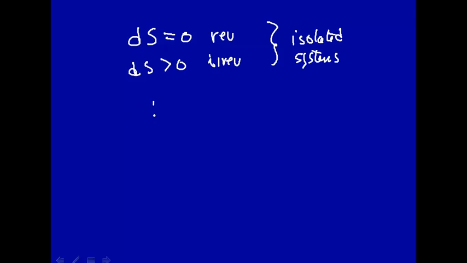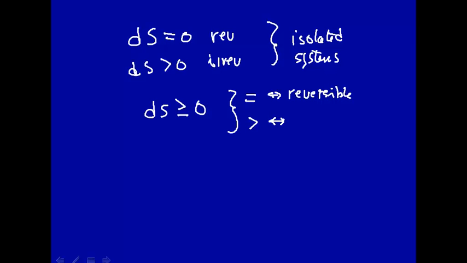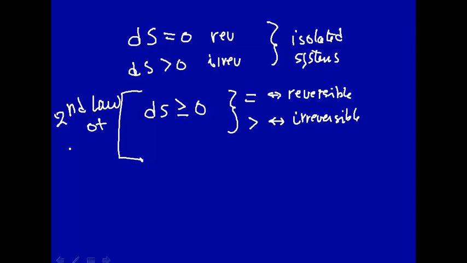One way to also say that is dS is greater than or equal to 0, where equal is associated with reversible processes and greater than is associated with irreversible processes. This is one statement of the second law of thermodynamics. Entropy of the universe is increasing, or entropy of an isolated system is always increasing.